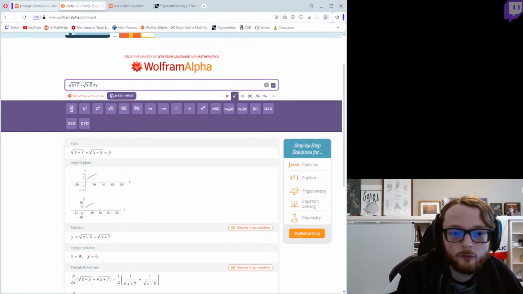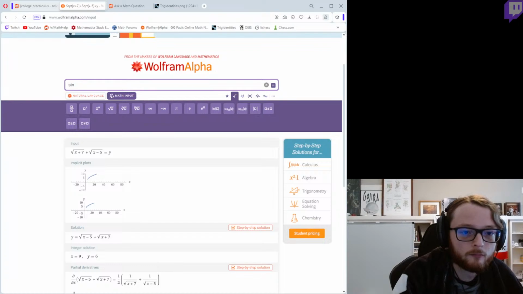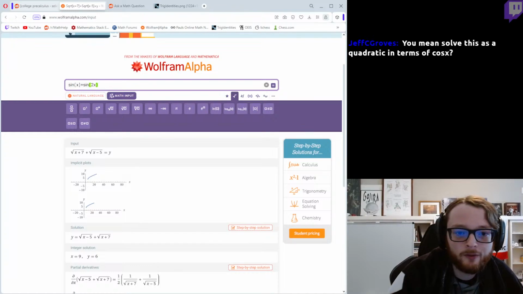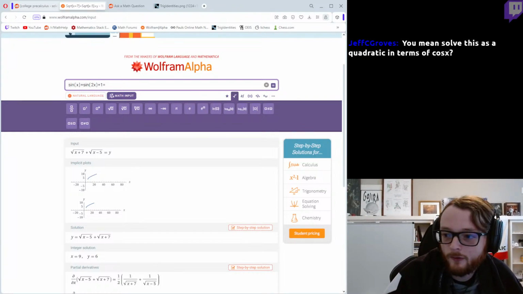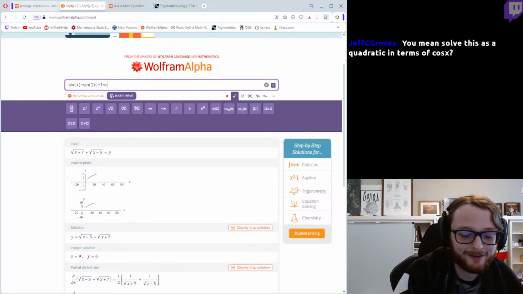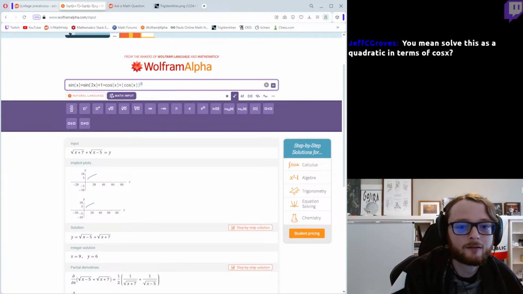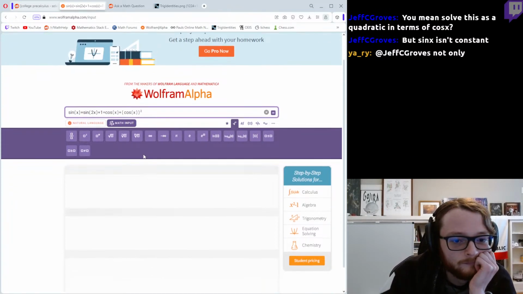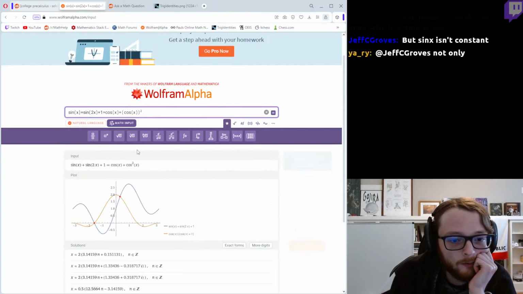Sine x plus sine 2x. It would be great to get it as a quadratic, but that seems easier said than done here. I'm trying to look for something that's factorable, but I'm not really seeing it.